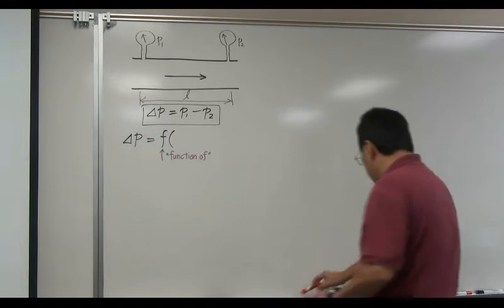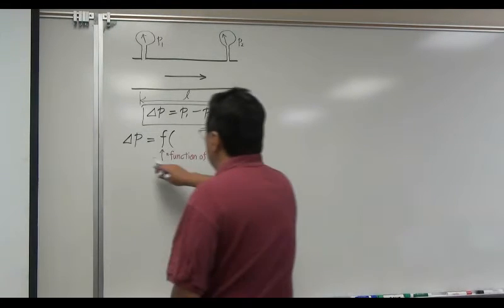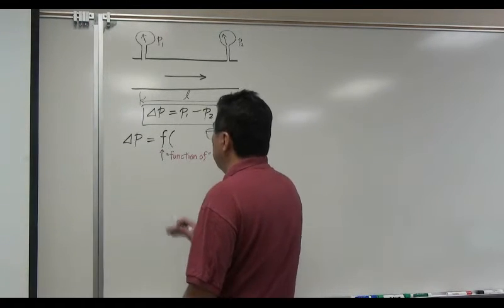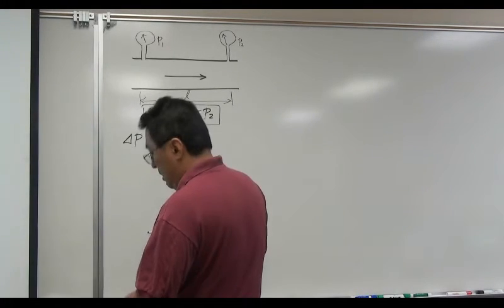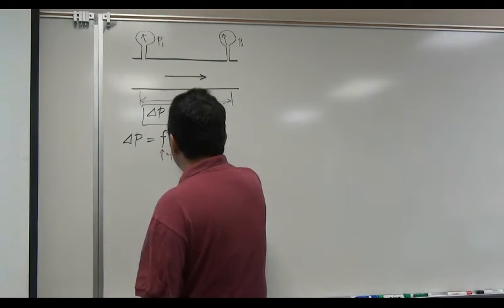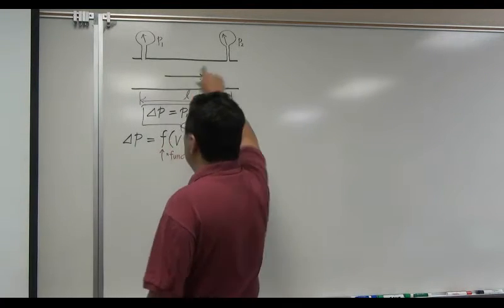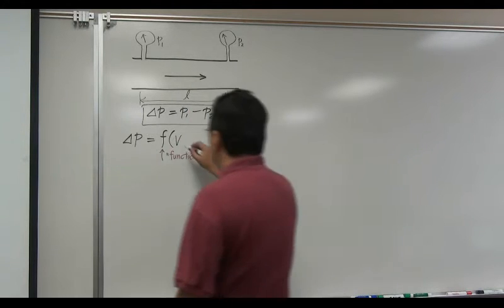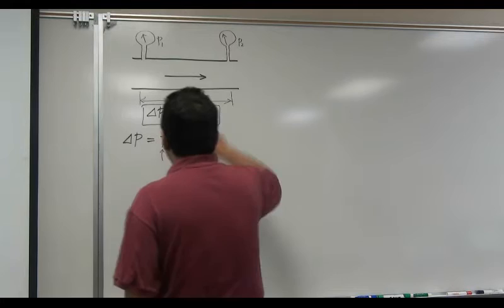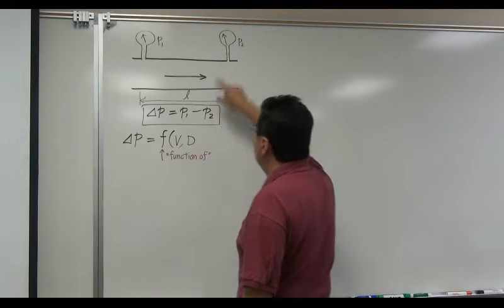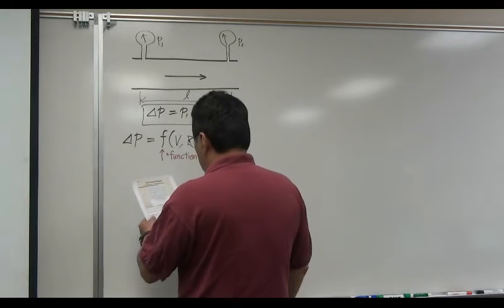Delta P can be expressed as a function of multiple dependent variables. So delta P changes if you change, for example, the velocity in the pipe. So pressure drop depends on the velocity inside the pipe. Yes. So delta P also depends on the diameter of the pipe.